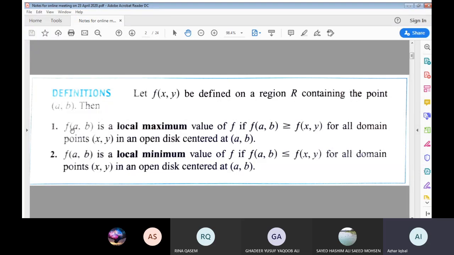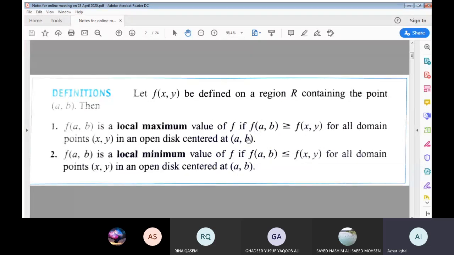Now the value of the function at this point, f of (a, b), is a local maximum value if the value of the function at (a, b) remains equal to or greater than the values of the function at all domain points x and y in an open disk centered at (a, b).